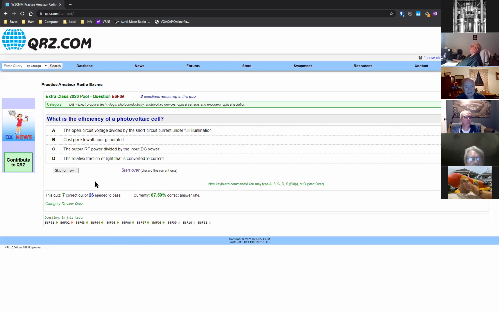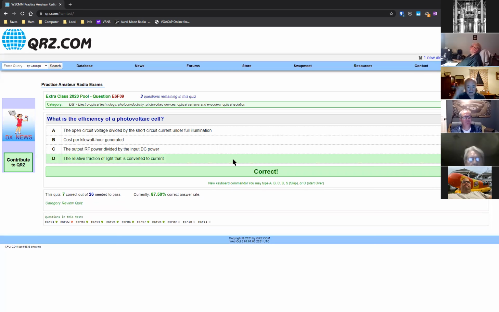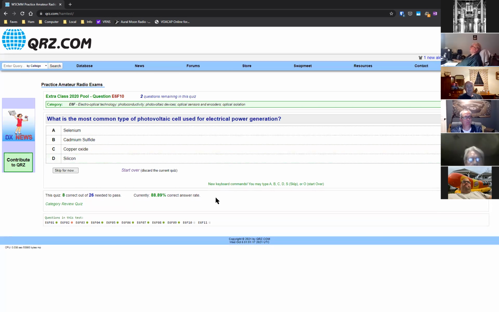What is the efficiency of a photovoltaic cell? D. Yeah, it's just what fraction of light is getting converted to current. What is the most common type of photovoltaic cell used for electrical power generation?